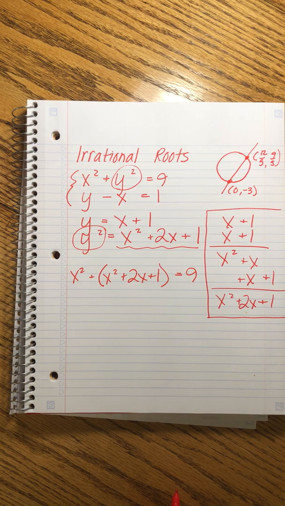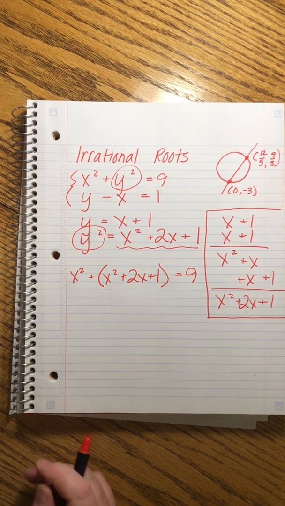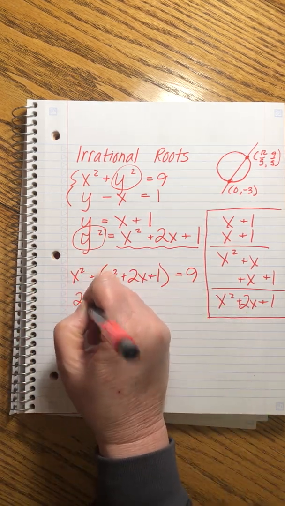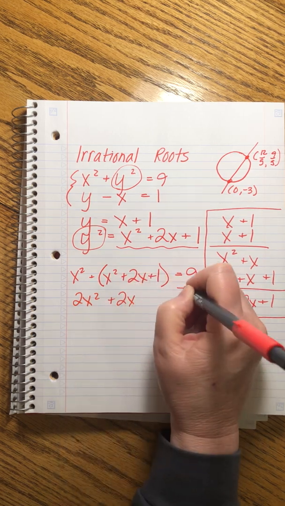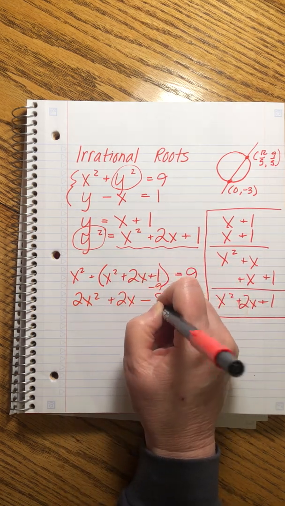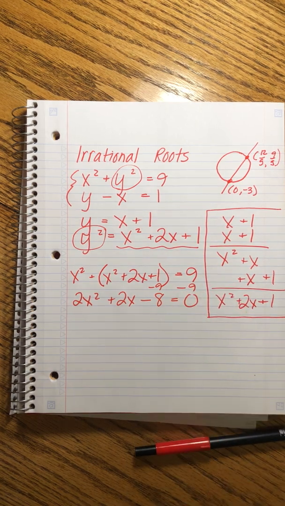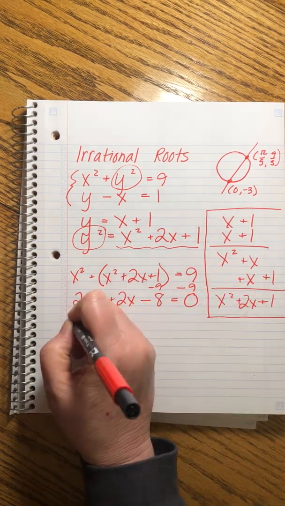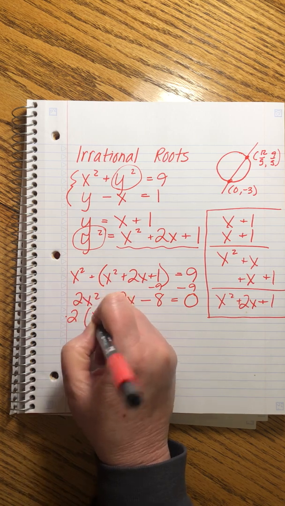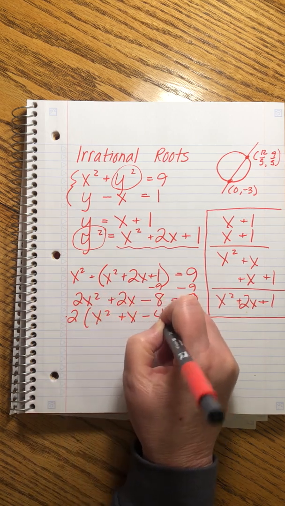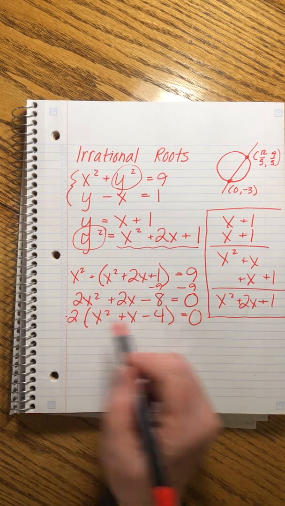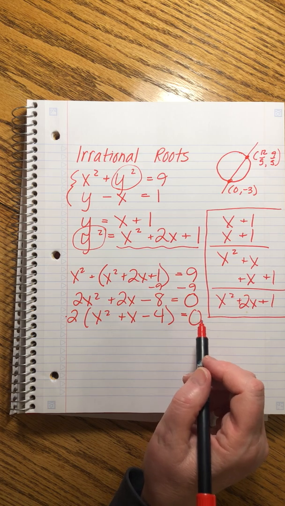Now we are going to do some swimming, get everything on the left, see what we've got. 2x squared plus 2x, let's see, we subtract the 9, minus 8 equals 0. Okay, that looks good. We can factor out a positive 2. And we'll get x squared plus x minus 4 equals 0. Now we can discard the 2 because we know 2 equals 0 is not going to yield us any solutions.